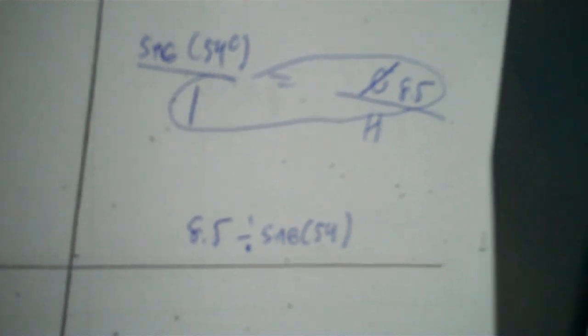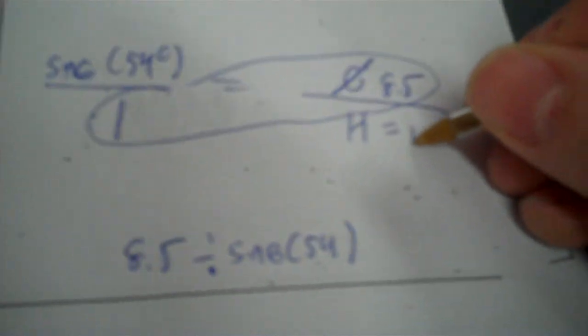Then I divide by the sine of 54. Okay. So 8.5 divided by the sine of 54 is 10.51. So H equals 10.51. Remember, the H should be the longest side.